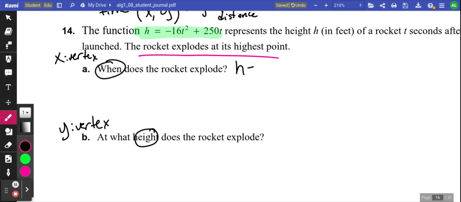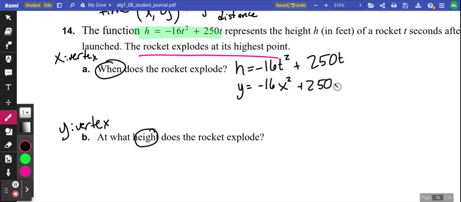h is equal to negative 16t squared plus 250t. If it's helpful to look at it as x and y instead, your h would be your y, and you'd say negative 16x squared plus 250x. If that helps to think of it as x and y instead of h and t.